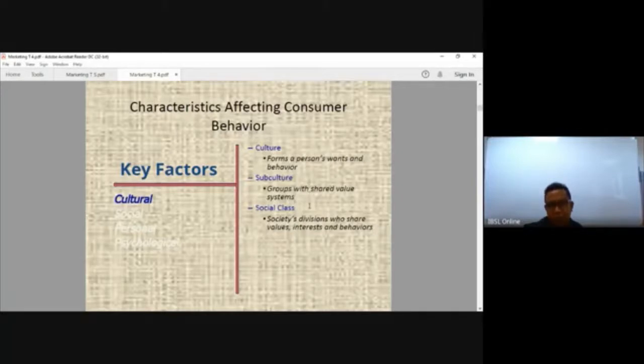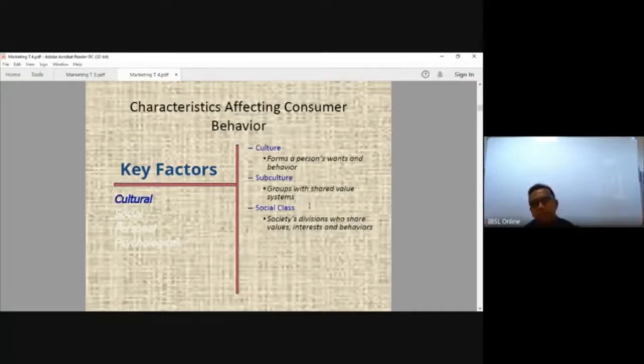So the psychological behavior, or what cultural background they are coming from, their thinking and behavior can be influenced by that. That is how culture affects consumer behavior.